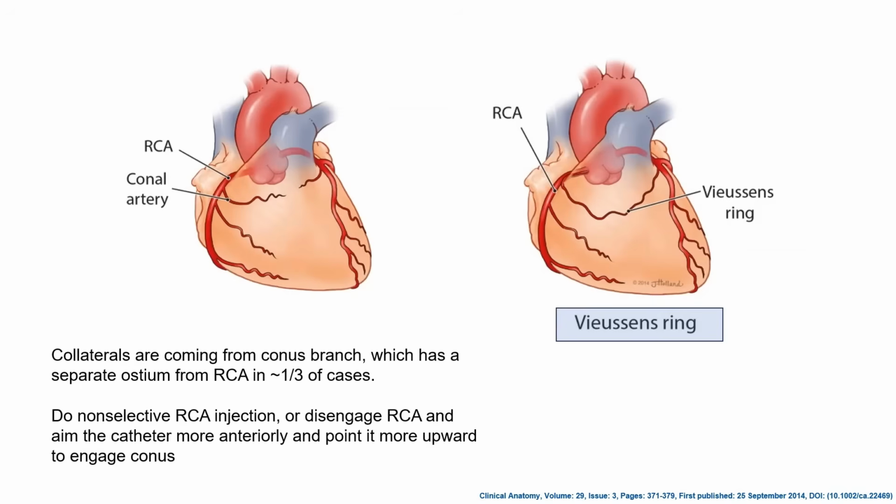Normally, we fall in the conus accidentally and we want to get out of it because we get damping. So we try to disengage, then re-engage by pulling more on the catheter to make it point down and by clocking more to make it go posteriorly. But when you want to go into the conus, you do the opposite. You make the catheter point more anterior and more up to engage the conus and see that Vieussens collateral.